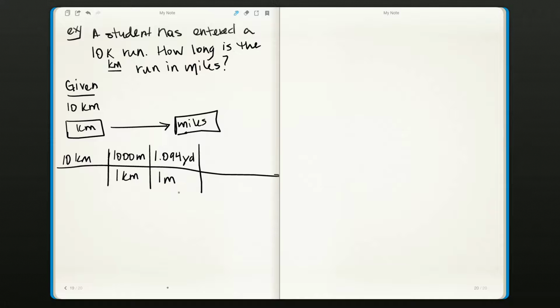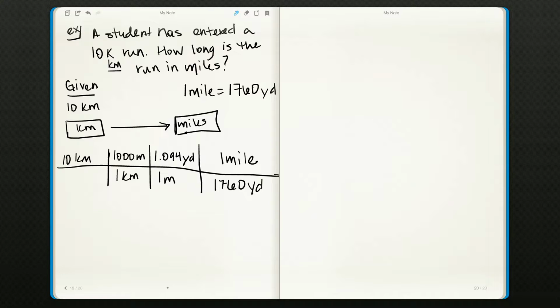Okay, and now we need to go from yards to miles. So this conversion factor is in your book. 1 mile equals 1,760 yards. Okay, so we can plug that in. 1,760 yards for every 1 mile.